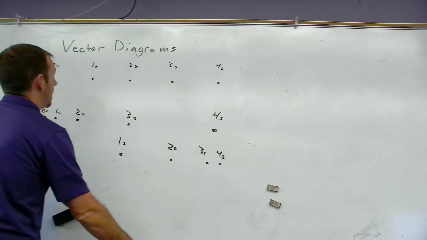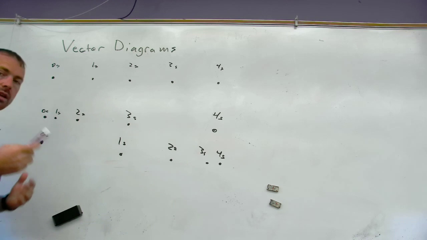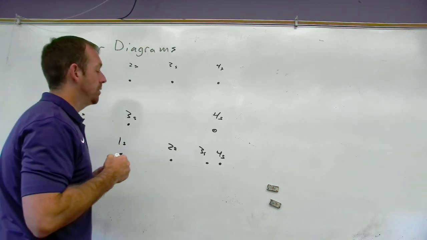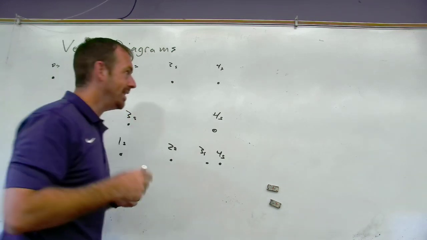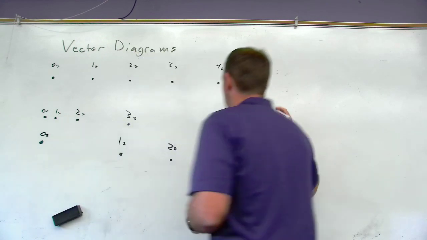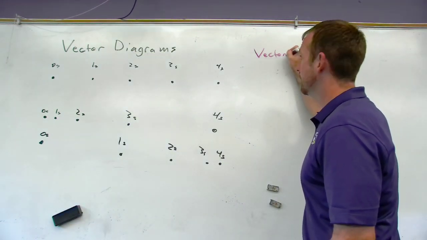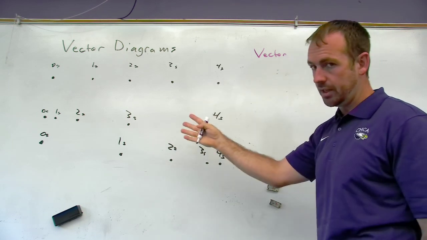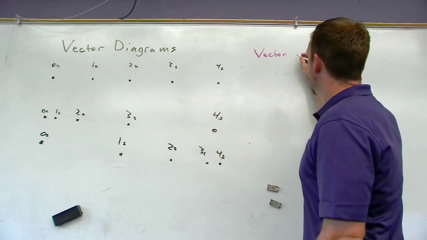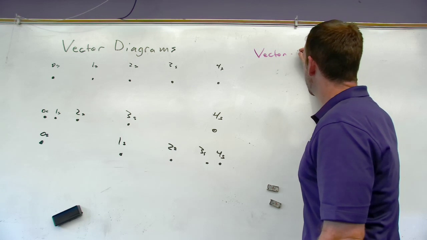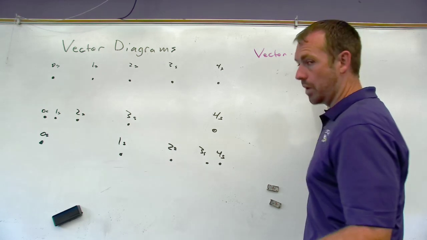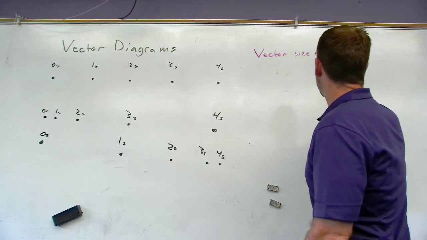Well, we want to go back to the idea of vector diagrams, and the thing that we're talking about here is, remember, there's two different quantities. We talked about scalar and vector, and so a vector, if you remember, and of course velocity is a vector, is something that has a size, or we've used the word magnitude, and direction.